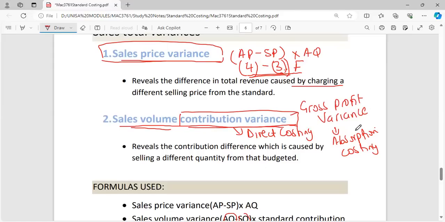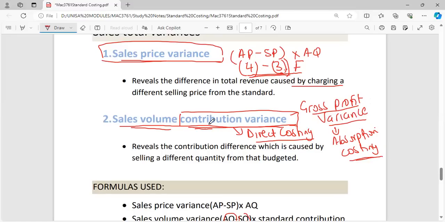If the question is using absorption costing, then you are going to use the gross profit variance. Remember, in absorption costing we have fixed manufacturing cost in the cost of the product, but here we only have variables. So look at the question: does the company use absorption costing or direct costing?